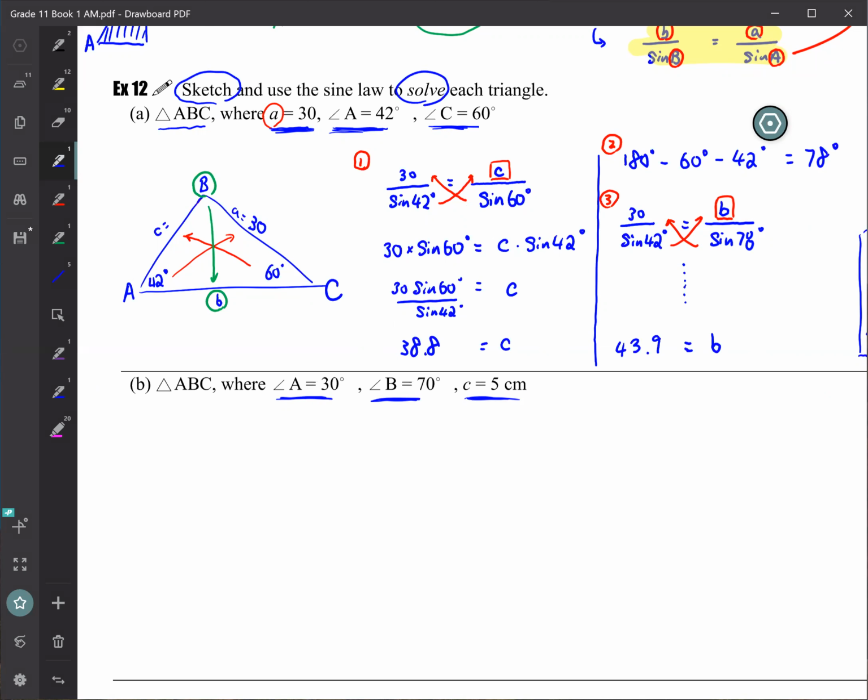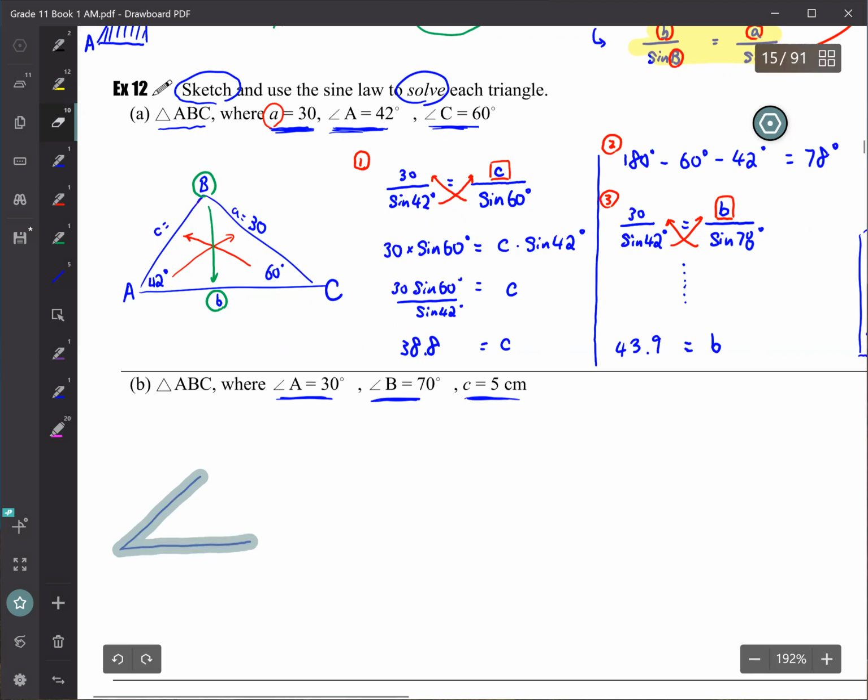Let's draw the picture. Angle A is 30 degrees. Let me draw bigger, okay? A, B, 70, 30, right?